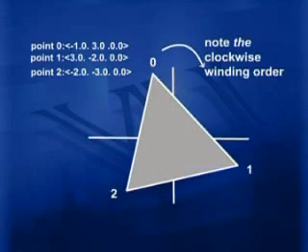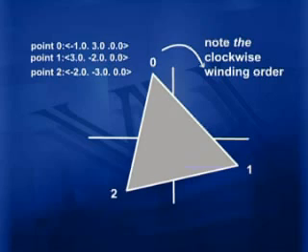This illustration on your screens right now explains what we mean by the clockwise winding order of the vertices. The top vertex you can see marked as 0, then the bottom right, which is marked as 1, followed by the third vertex marked as vertex 2.